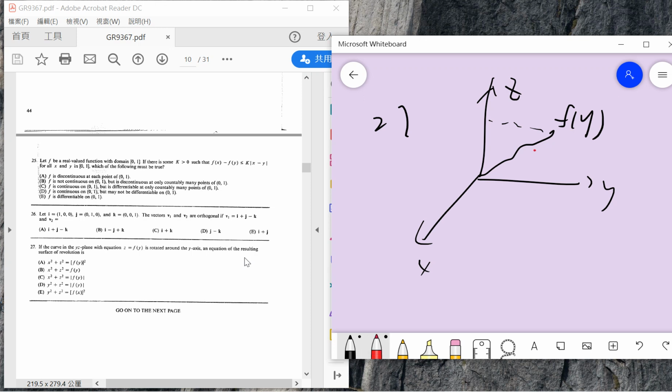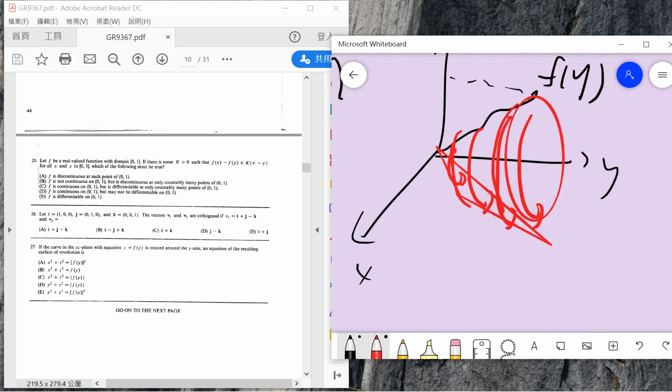So you will have some surface, and the question asks which is the resulting surface equation. Let's just test your geometry thinking.